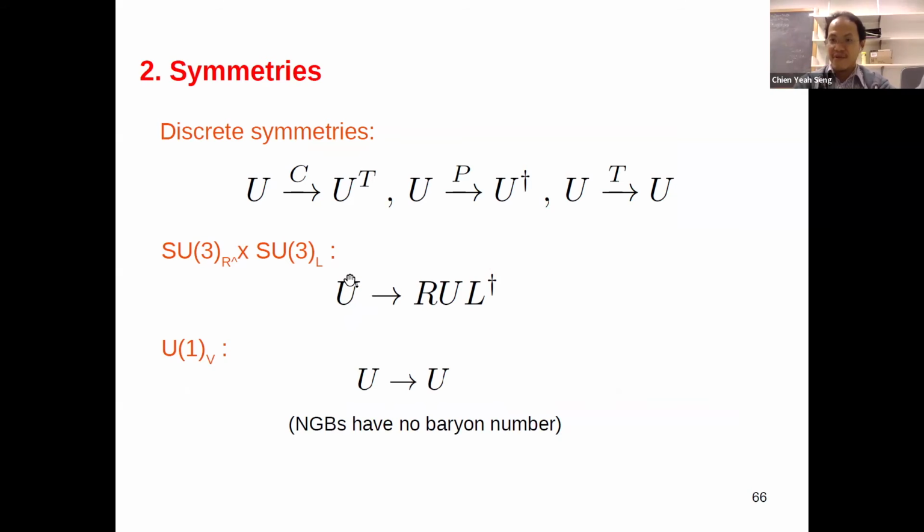As we mentioned before in the sigma model, the U, following our experience there, should transform as R times U times L dagger, while under the U(1)_V transformation it doesn't transform, because this transformation is related to the baryon number, and the mesons don't have a baryon number.